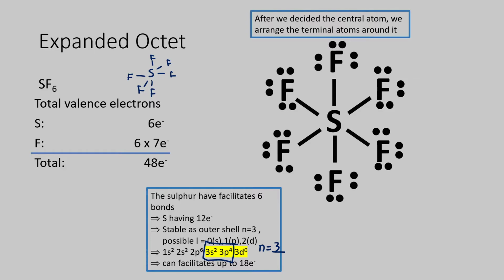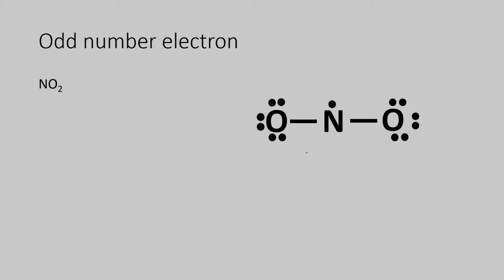Once energy dia cukup untuk ada 3, they also actually ada available 3D orbitals. Even though tak ada electrons, this 3D orbital just ada tapi tak ada electrons. Since dia ada kosong punya orbital yang available, electrons can be filled in those orbitals, making it having an expanded octet.